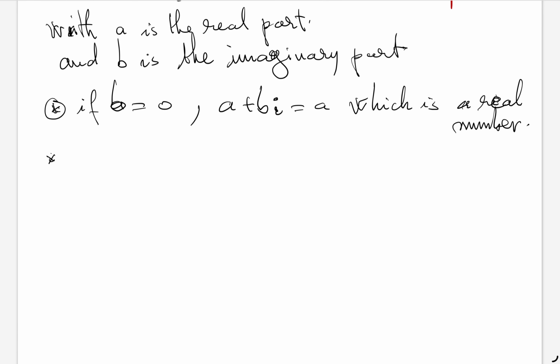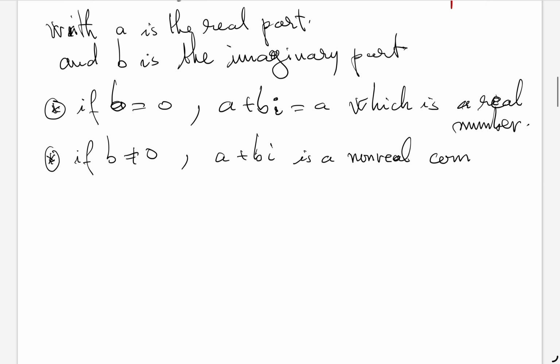Now if b is different to 0, then a plus bi is a non-real complex number. It's a non-real complex number.